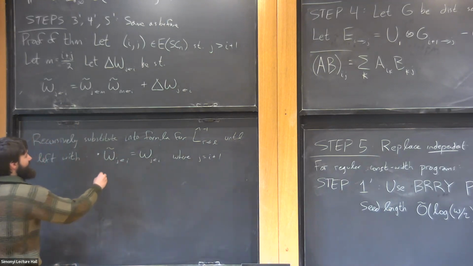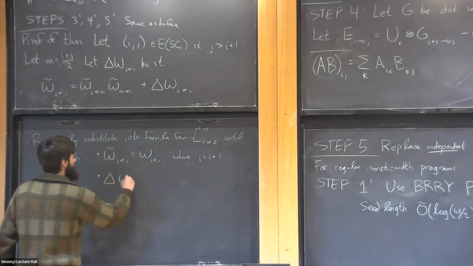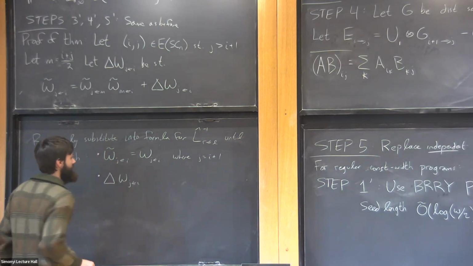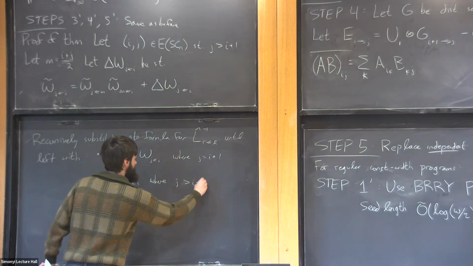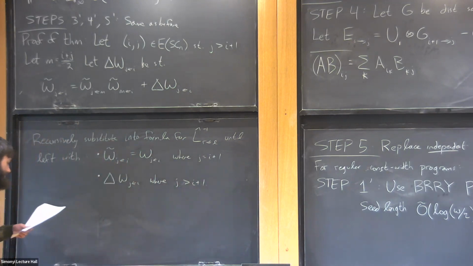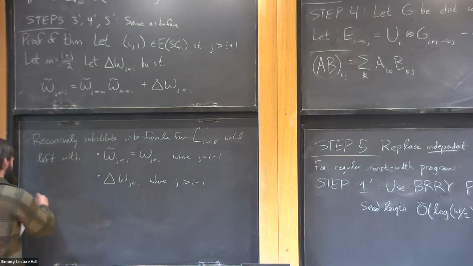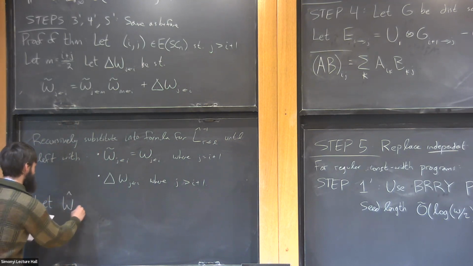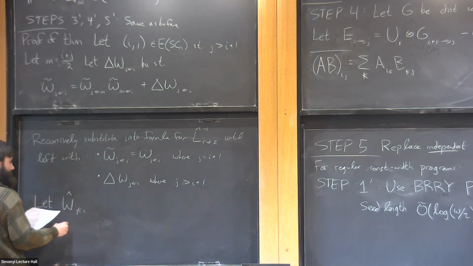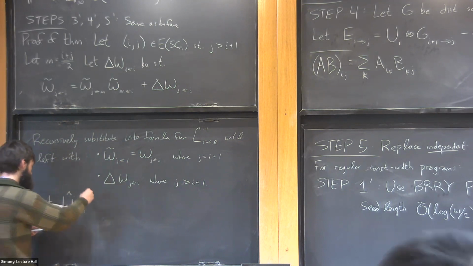And then we also have these delta terms floating around. And here J is bigger than I plus 1. Okay, so let's unify these two terms. Let's let W hat J from I be whichever of these is applicable.